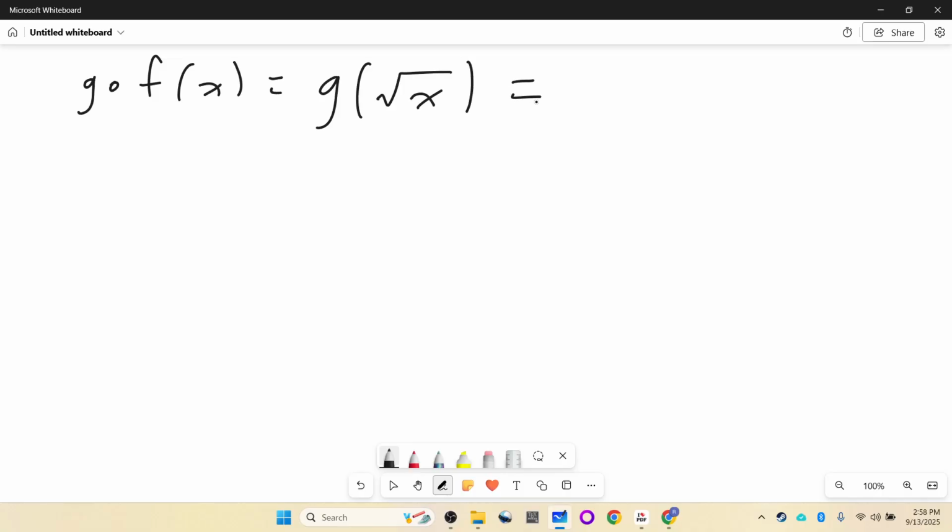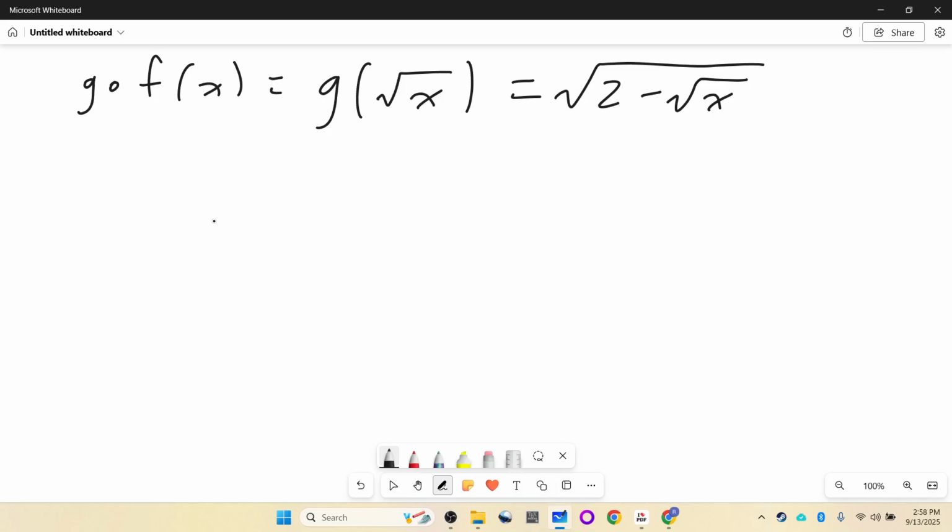Again, that's a little hard to explain, and I'll think about whether there's a better way to make it more clear. But let's look at this. g composed f of x would be g of f of x, which was square root of x, so the square root of 2 minus square root of x.